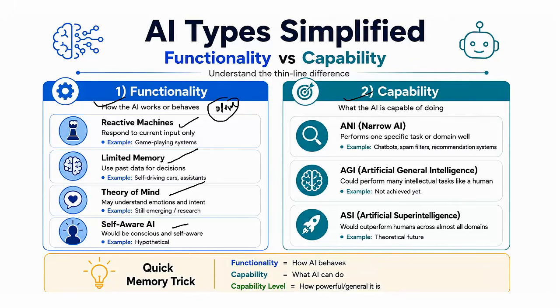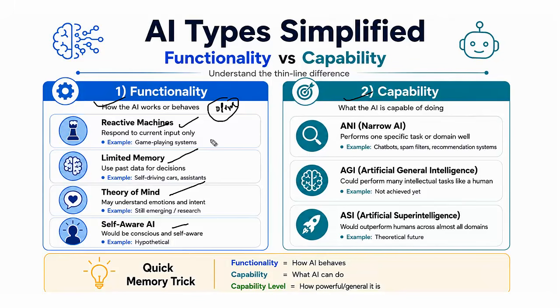Reactive means responding only to the current inputs. The second is called limited memory, which uses past data or recent experience. A self-driving car actually uses past and current sensor data to make a decision. So that's a live example of limited memory. If you want to take an example of a reactive machine, AI reacts only to the current input, as we discussed. It does not remember your past experience.